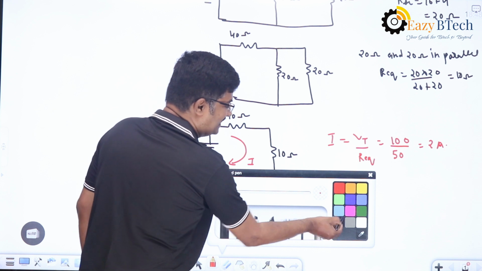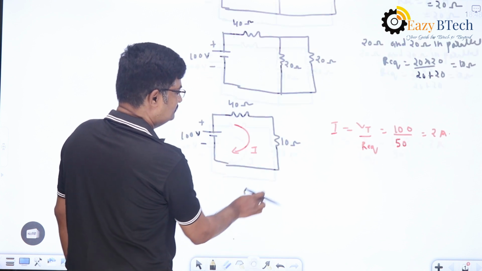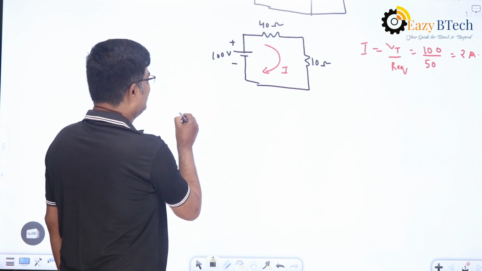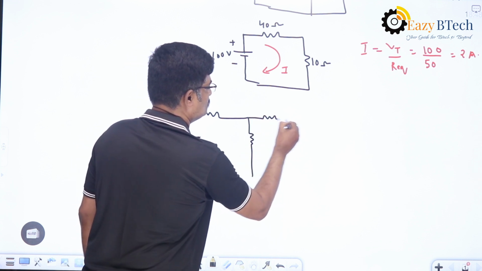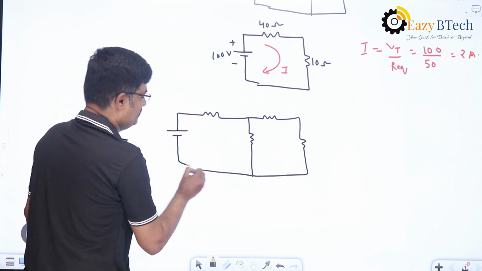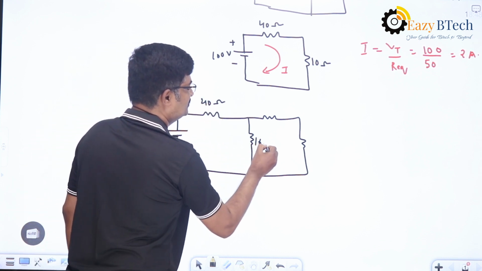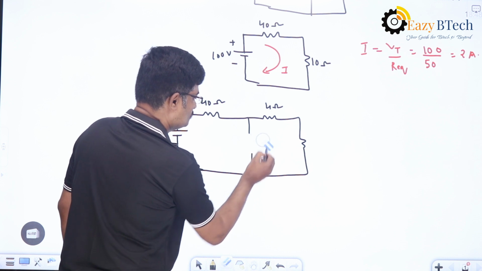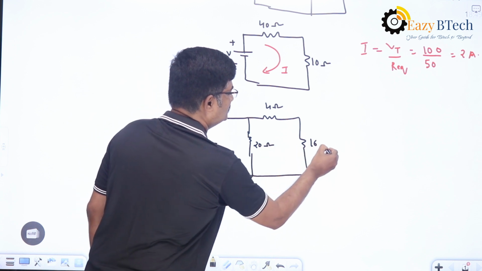Now I will be expanding the circuit once again. When I am expanding the circuit, we have 100 volts, 40 ohm, 16 ohm, 4 ohm, this is 20 ohm, and this is 16 ohm.